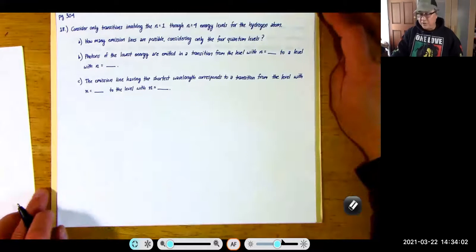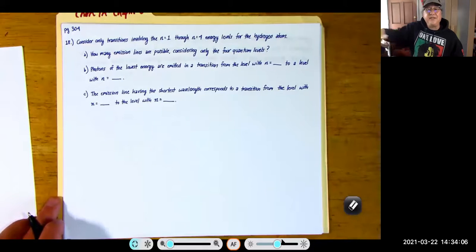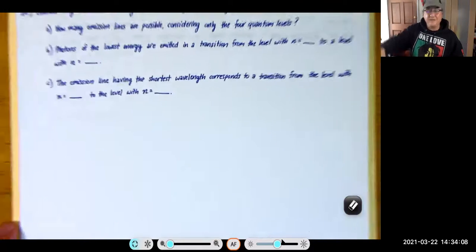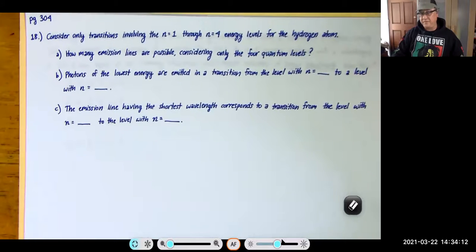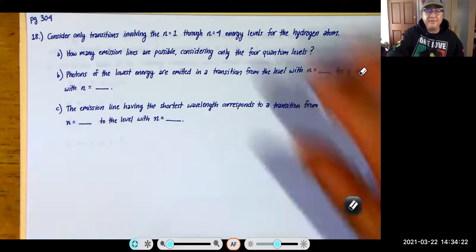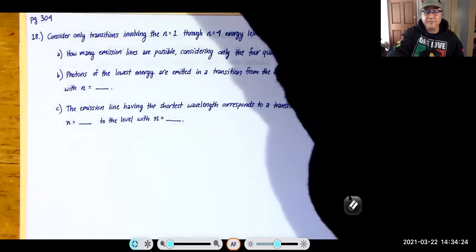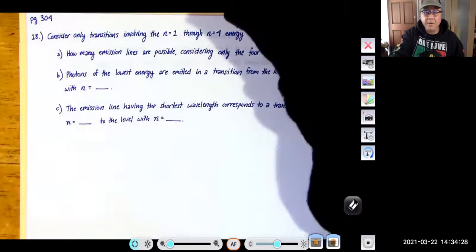Okay, let's see if we can zoom in on this just a little bit, make it easier to see. Okay, problem with zooming in is that it gives me less room to work.